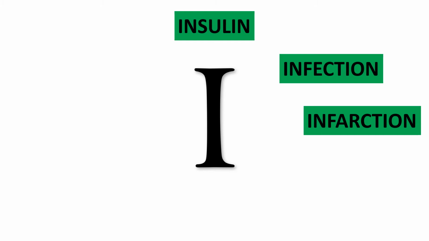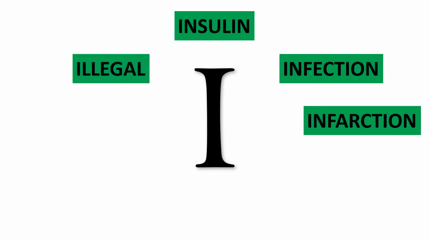Infections are a very common cause of precipitation of DKA, and it's very important to rule out viral upper respiratory, viral gastroenteritis infections, pneumonias, and UTIs. Infarction refers to myocardial infarctions as well as strokes, as these are both conditions where there is a catecholamine surge, which can precipitate DKA.